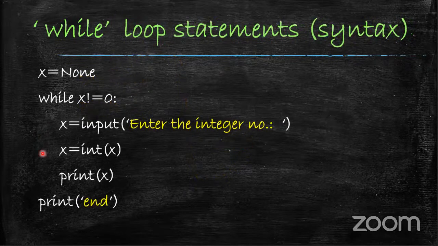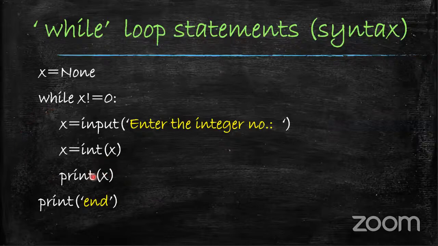Now let's look at the program. I'll explain what x = None means, but there is something called x = None. While x != 0, x = input, enter the integer number. This will ask for an integer number from the user. What value the user enters depends totally on the user. Then we'll convert that value to an integer, then print the variable.